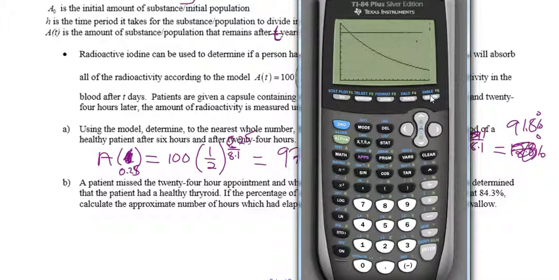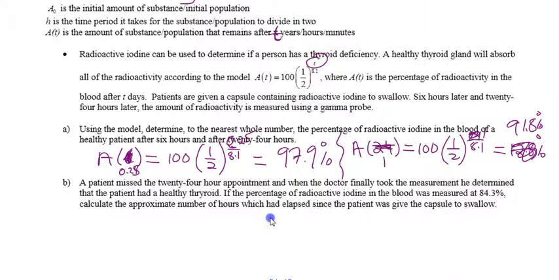That will occur after, so we're looking for the intersection. 1.995 is my x value, which is the number of days, 1.995, or 2.0 days to the nearest.